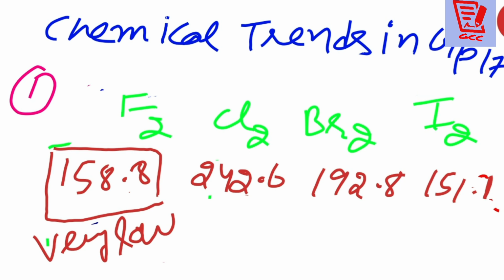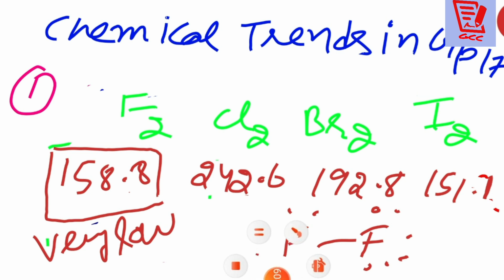Because the size of fluorine is very small, and due to its small size, repulsion will be very high around the fluorine. That is why fluorine has very little bond dissociation enthalpy. It is only greater than that of iodine. Is that clear?